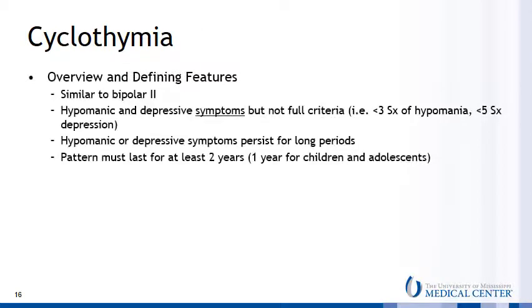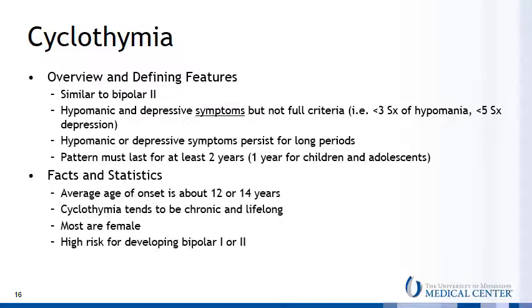The mildest form of bipolar disorder is cyclothymia, which presents similar but fewer and milder symptoms than bipolar type 2. It can best be thought of as cycling between mild hypomanic and dysthymic symptoms. Characteristically, this pattern must appear for at least a year in children or adolescents, or 2 years in adults.